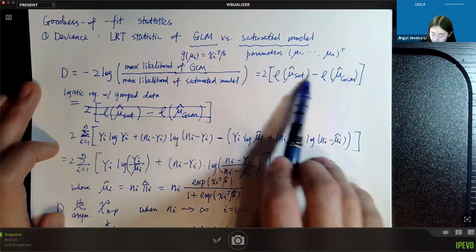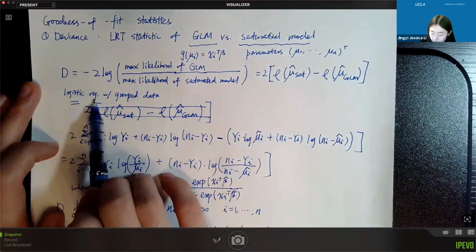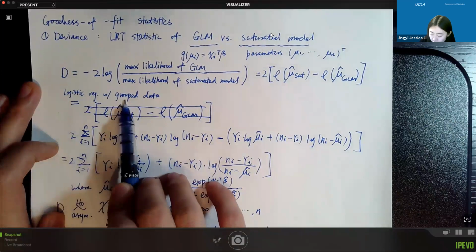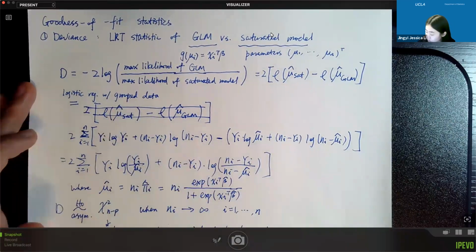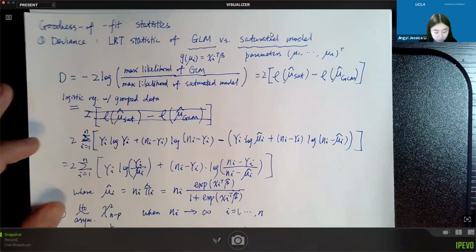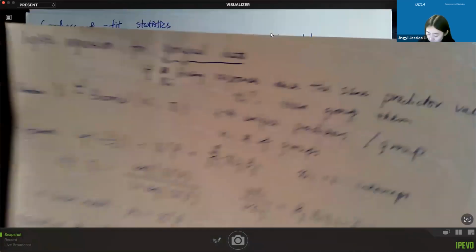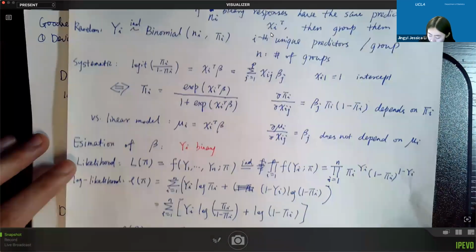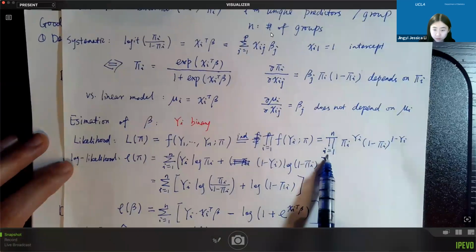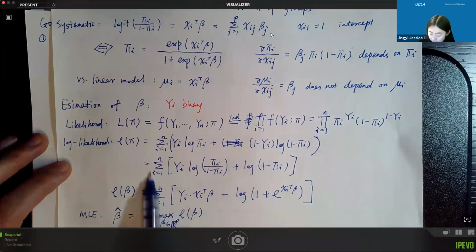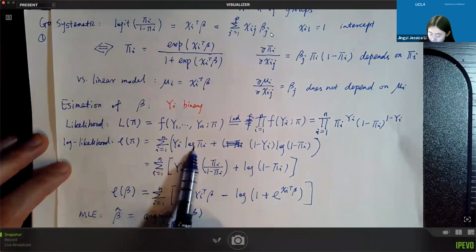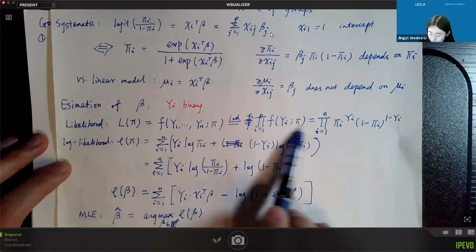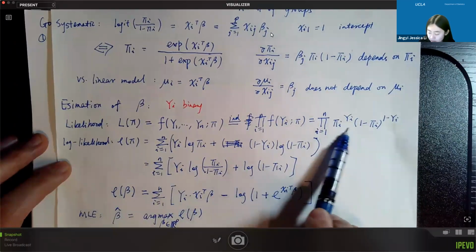Now, specific to our logistic regression model with group data, we can use this form, which we derived before. If you recall in our lecture 8, I think, we derived the log likelihood of logistic regression for individual data, essentially based on the Bernoulli probability mass function.